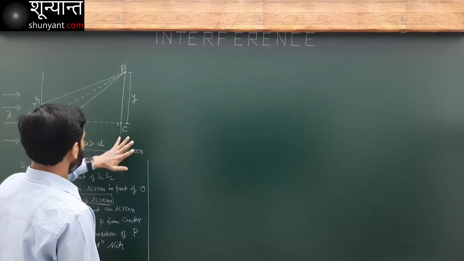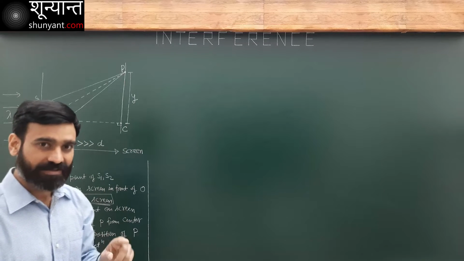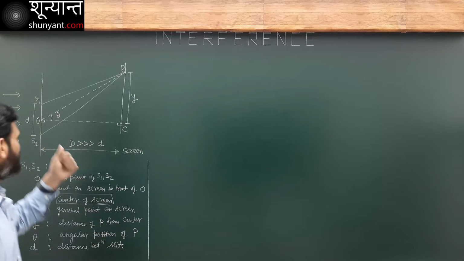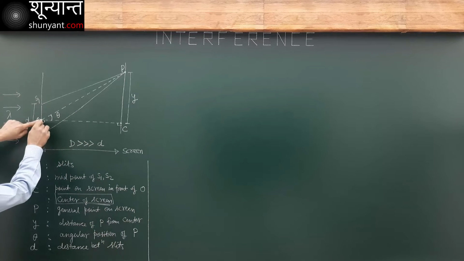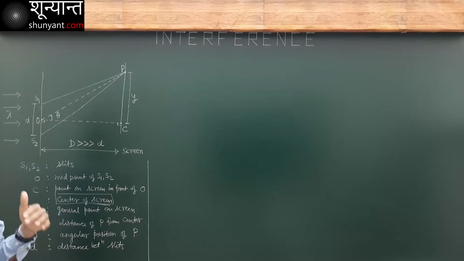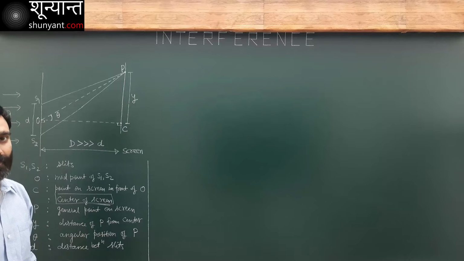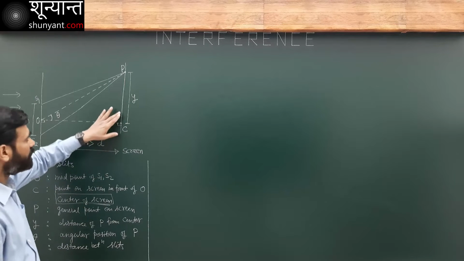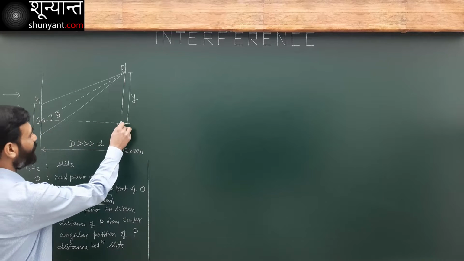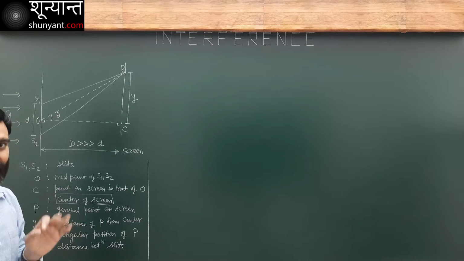This has a very specific meaning. The point which is right in front of point O, I am calling the center of screen, no matter what the length of the screen is. Even if there is no part of a screen here, then also this point will become the center of the screen. Keep this in mind.